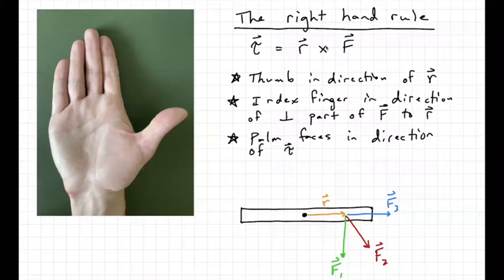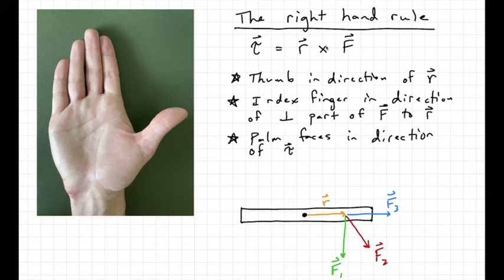I've got it laid out flat. You can imagine my thumb points perpendicularly to my other fingers, even though that's not exactly true, but it's approximately true. And we're going to assume that it's true for this example. So we've got torque equal to R cross F. In any cross product, torque is perpendicular to both R and F. So the way you figure out which way torque points, imagine you have an R vector.